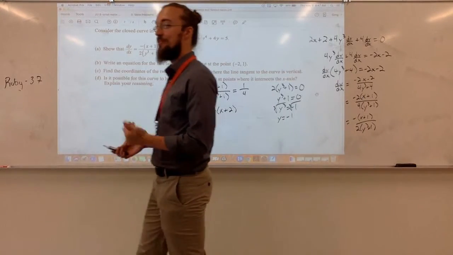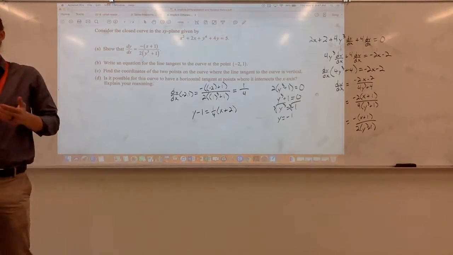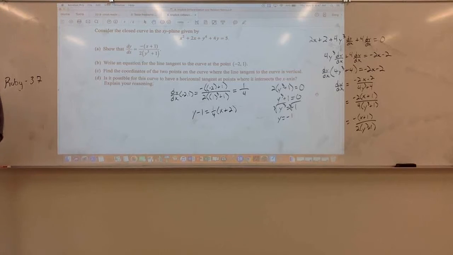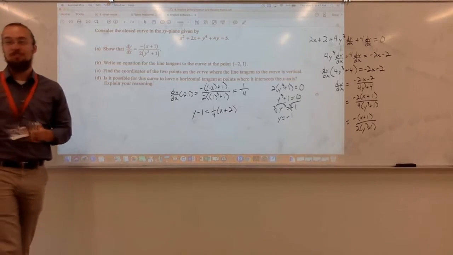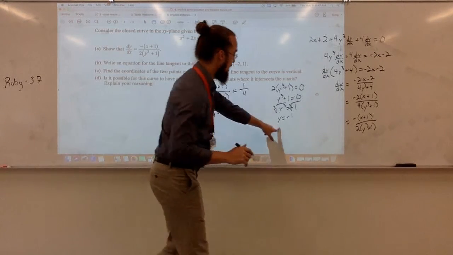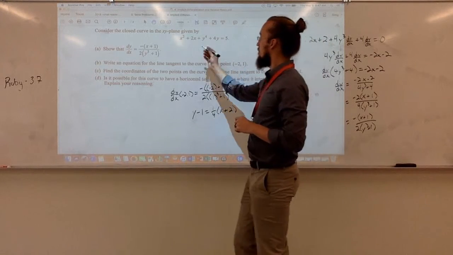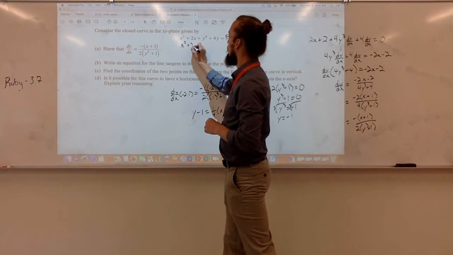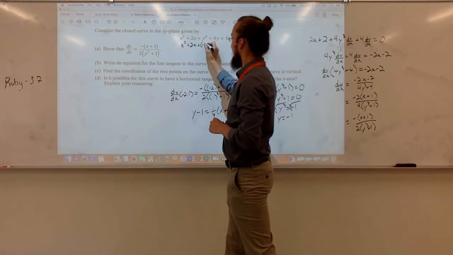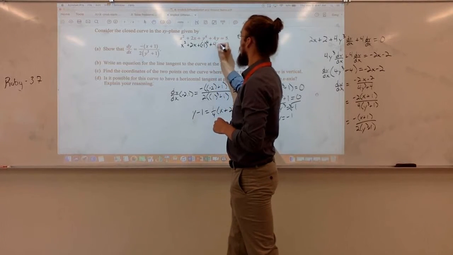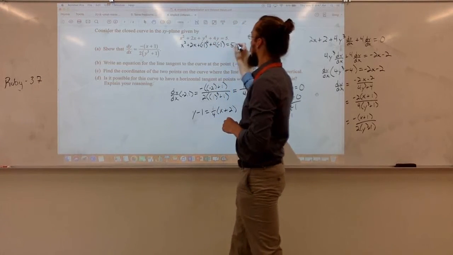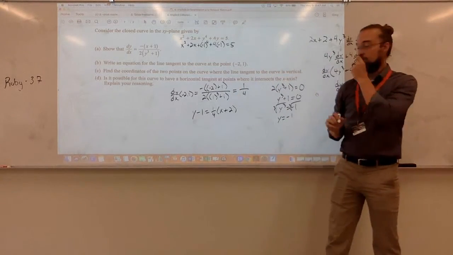Which one, the derivative or the original? The original, right? To find actual coordinate points, I would plug that into the original function. So I'm going to plug in -1 for y up here. So x squared plus 2x plus (-1) to the 4th plus 4 times -1 equals 5.